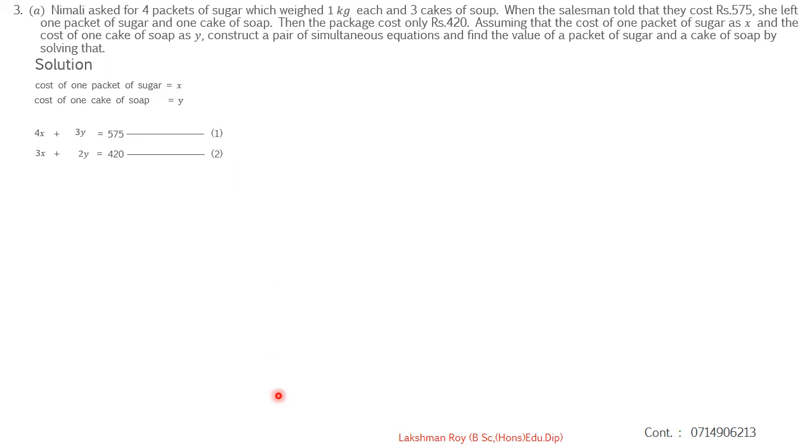So when solving these two, in a pair of simultaneous equations, here there are 2 unknowns. What are the unknowns? One unknown is x and the other unknown is y, right?